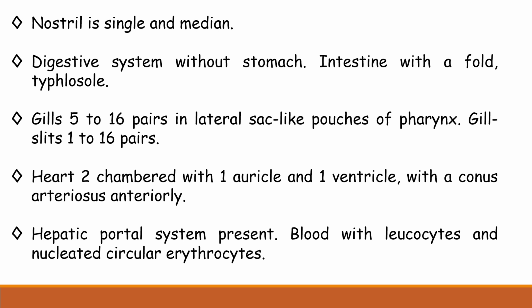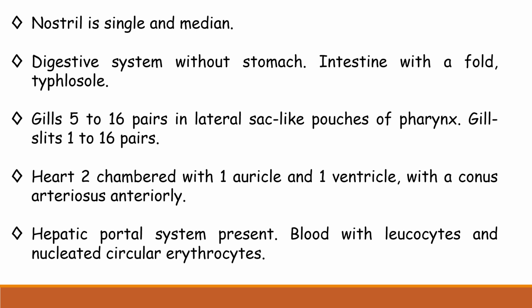Gills are 5 to 16 pairs in lateral sac-like pouches of the pharynx, and gill slits are 1 to 16 pairs in number. Heart is two-chambered with one auricle and one ventricle, with a conus arteriosus anteriorly present.